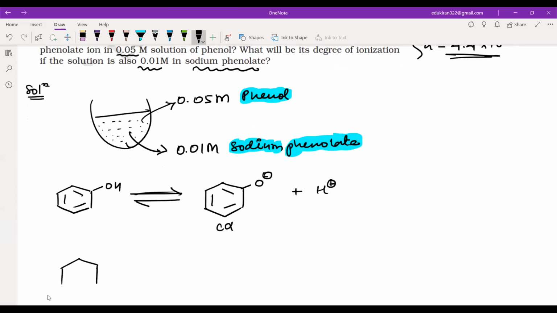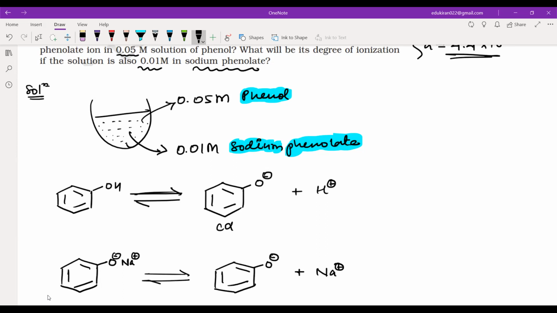Now, we have sodium phenolate. This is the phenolate ion, and there is Na positive here. This is a salt, and we can also dissociate this into phenolate ion plus Na positive. Yes or no? Any problem till here?